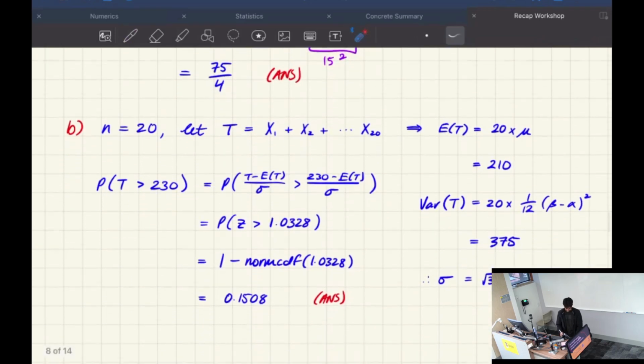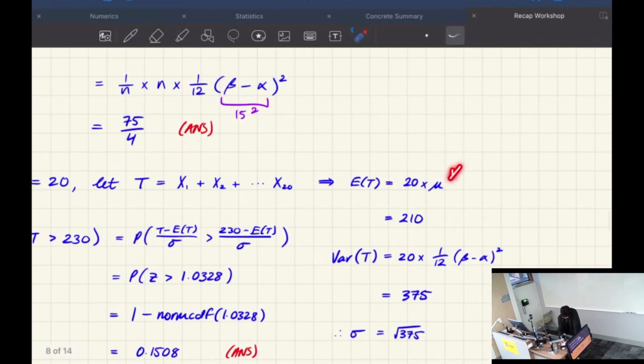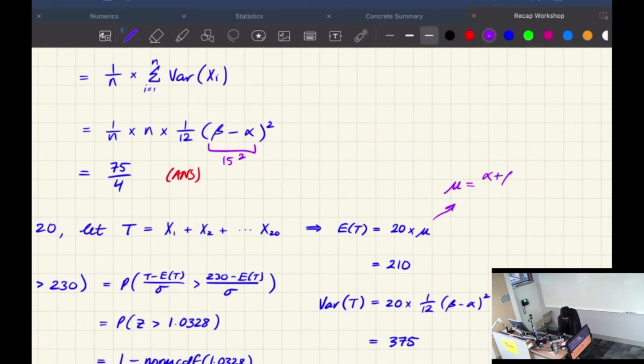Alright, next. So again, I'm going to let t be the sum of the random variables. We can find the expected value and the variance. In this case, mu will equal alpha plus beta over 2, which is just 21 over 2.